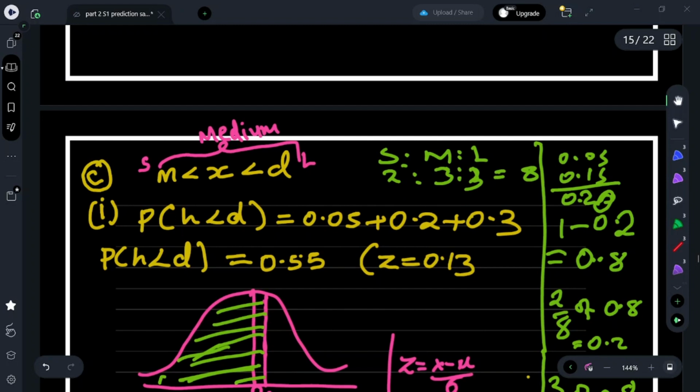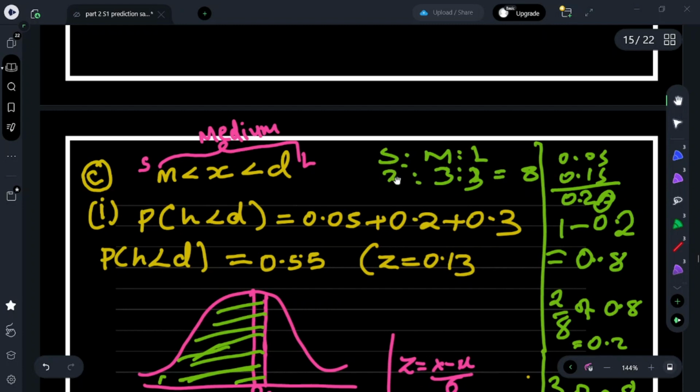All right, so the probability that the height is less than d, where d is the maximum height that a medium book can have, we are going to include the probability of the lower 5%, which was 0.05, and the probability of the small, 0.2.